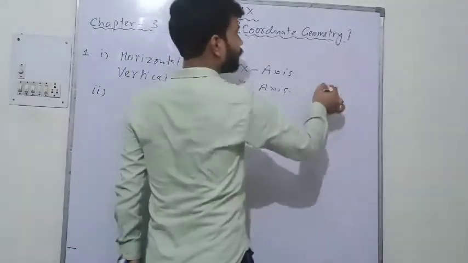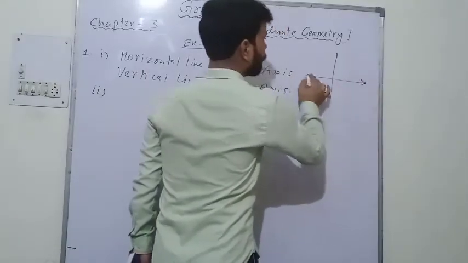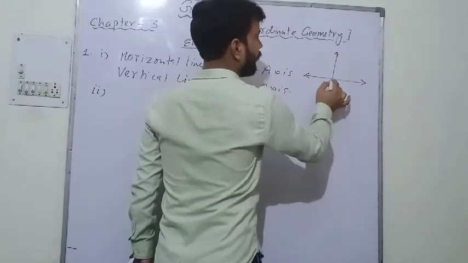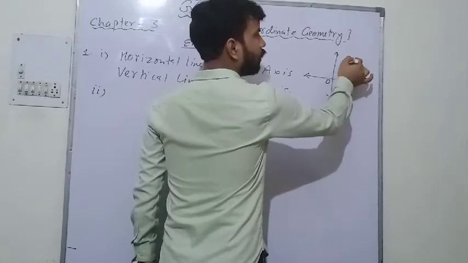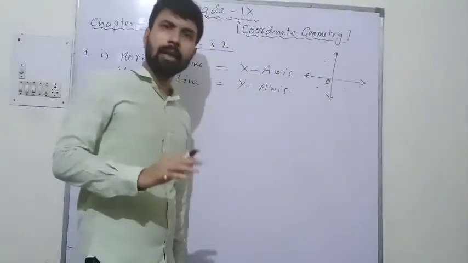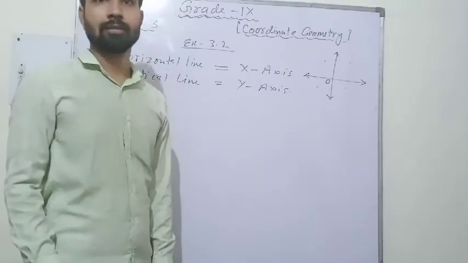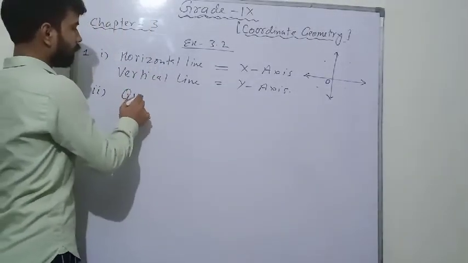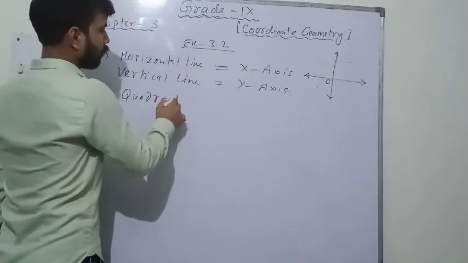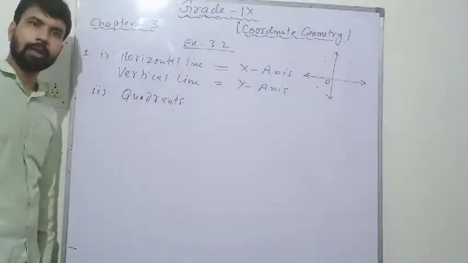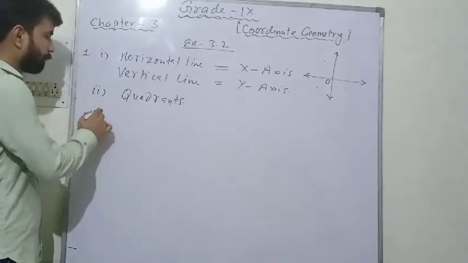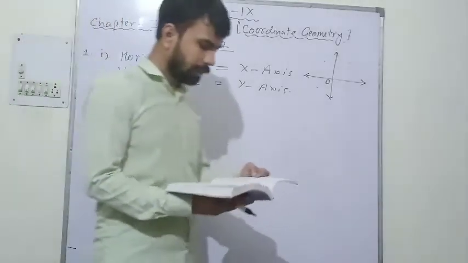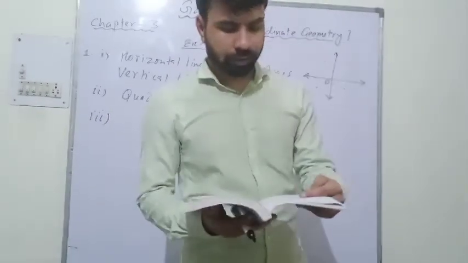In Cartesian plane, if 2 lines are represented as coordinate axes, then it divides the whole plane into how many parts? 4 parts, and these parts are known as what? Yes, you know, that is quadrant. So what is the answer for this? Quadrants. Clear?